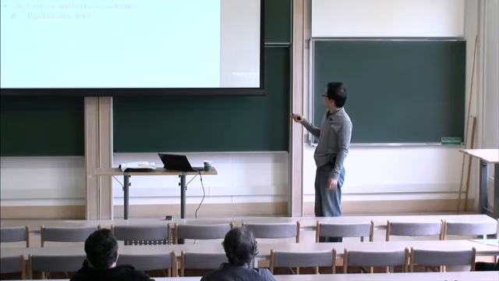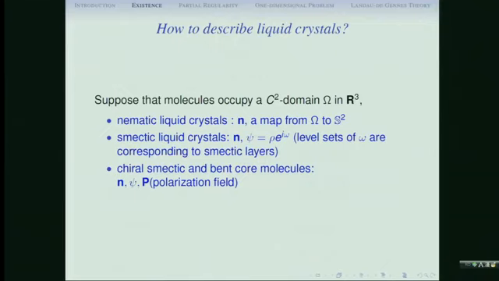And for chiral smectic or banana-shaped molecules, we need three order parameters: n, psi, and then we have another, p. And in smectic C-star cases, actually, you can consider p as n cross gradient omega, or you can penalize that term with 1 over epsilon squared. You consider p as an independent parameter and penalize. So those are the same things.